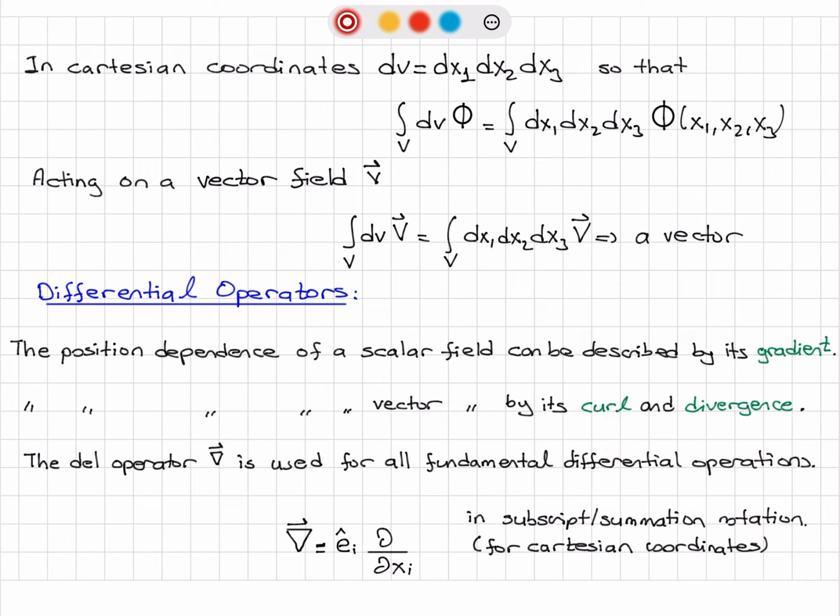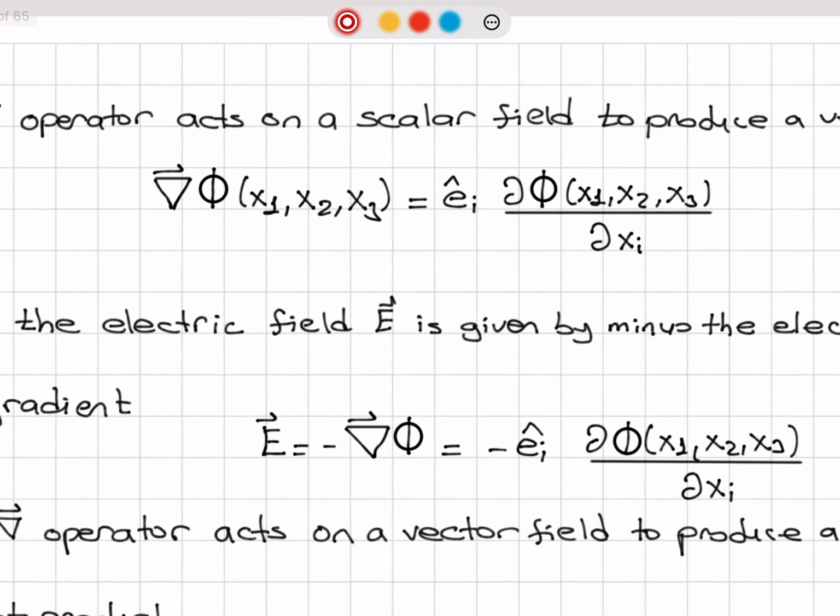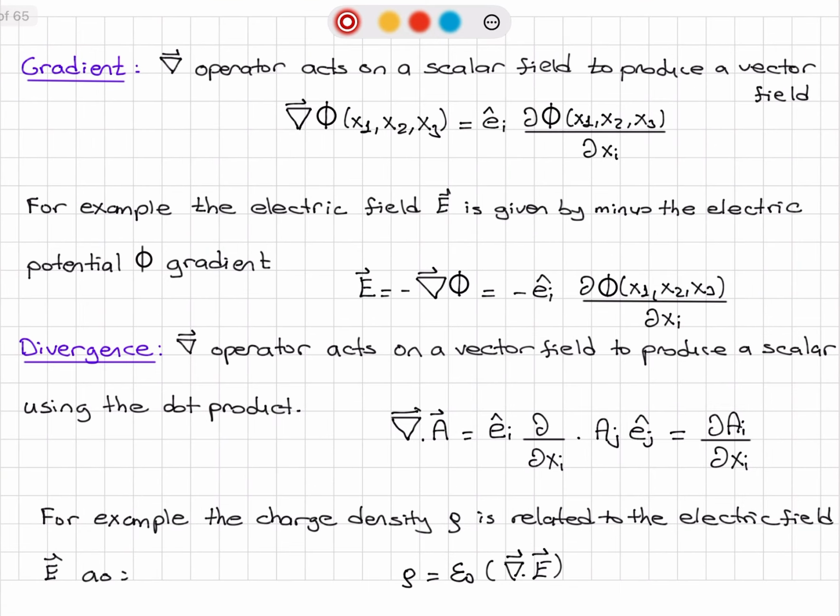Now the del operator is ei hat del xi using subscript summation notation, and when it acts on a scalar field to produce a vector field, it's ei hat, we take the partial derivative of phi with respect to xi and we add over the i index, so i can take values 1, 2, 3 here. The example is the electric field, which is minus gradient of the electric potential phi.